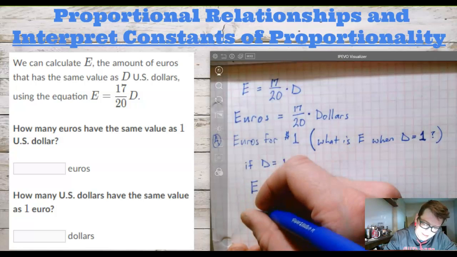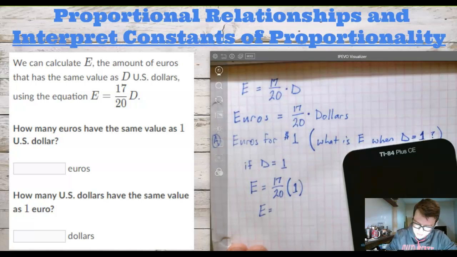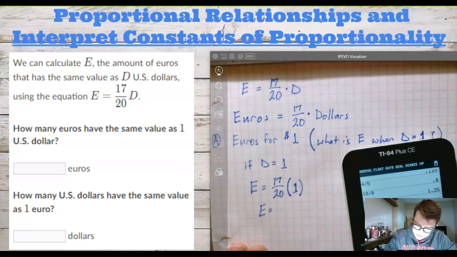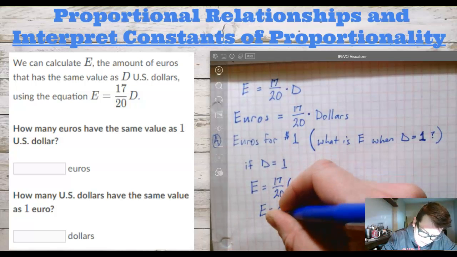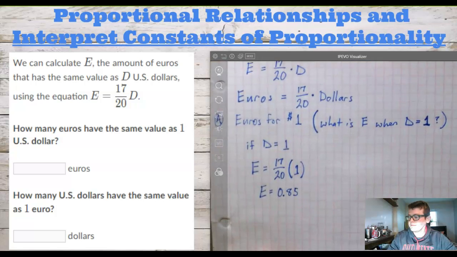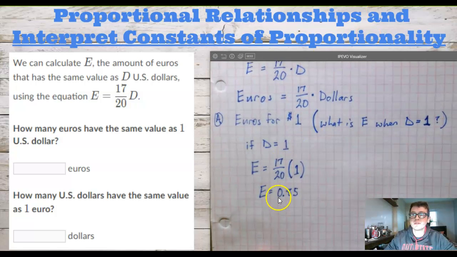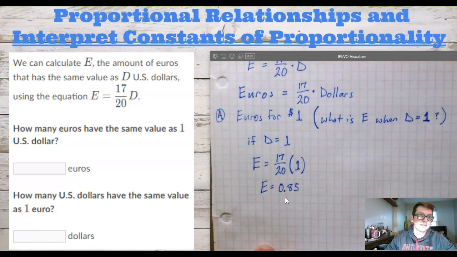And what that gets is, well, just 17 over 20. Which, if I want my answer as a decimal, because I know some of you guys like that better, 0.85. So you get 0.85 euros for $1 US.